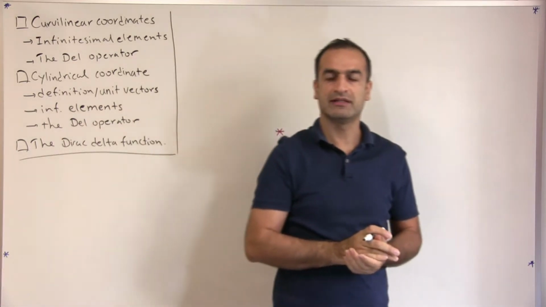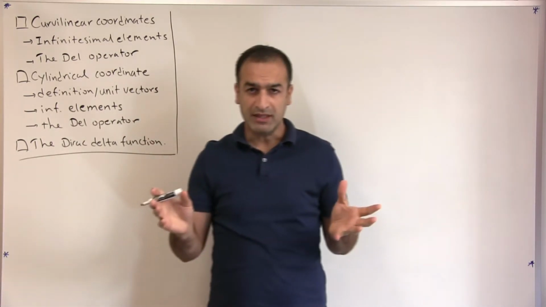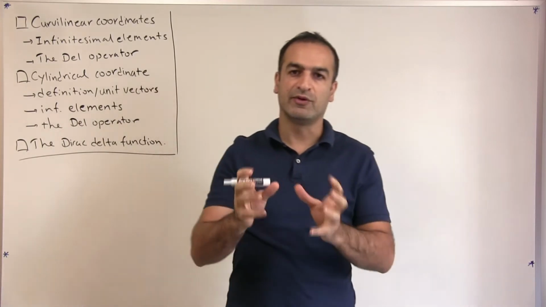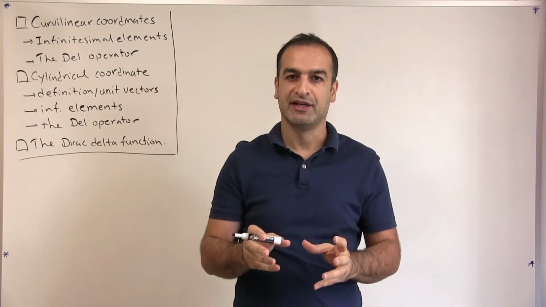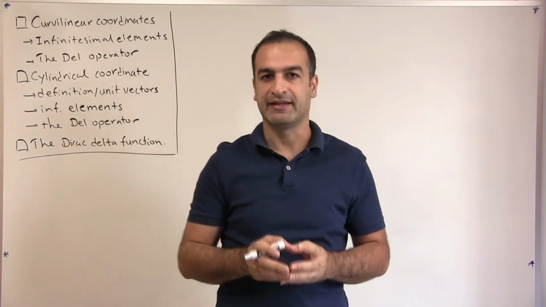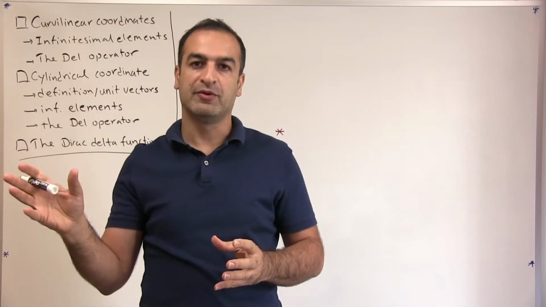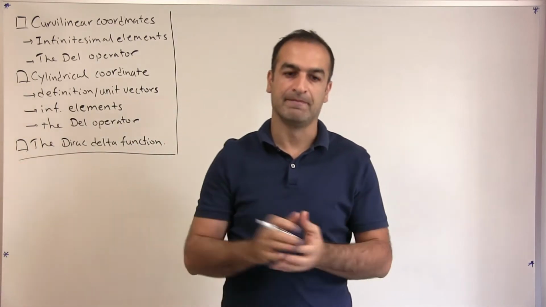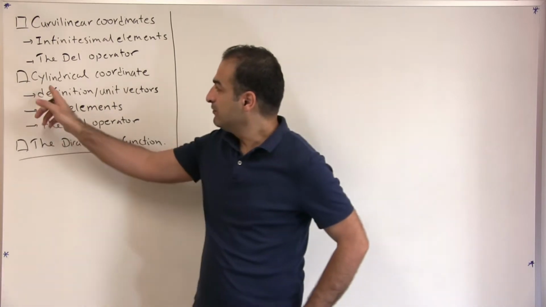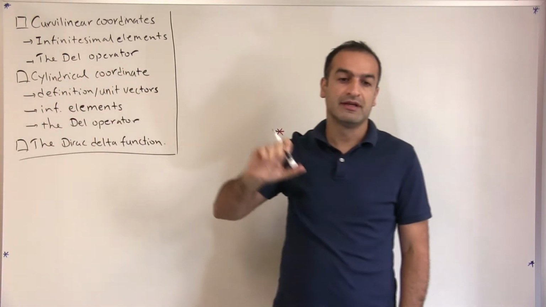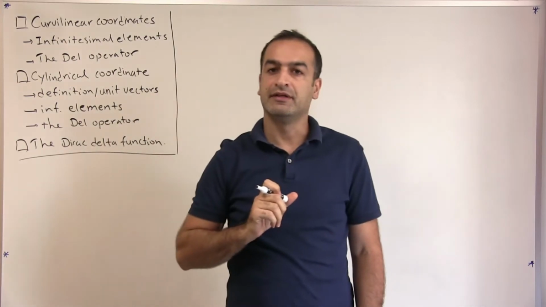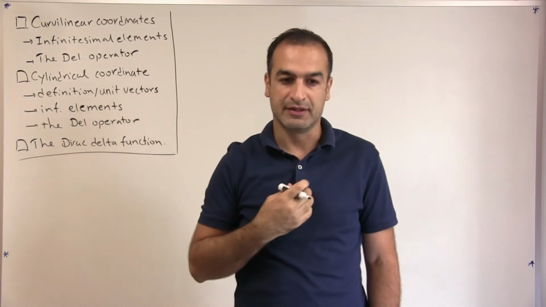Okay, I'm going to do one simple example, but that's already going to tell you how much things can get simplified if we use a spherical coordinate for the right problem. And then I'm going to move on and define a different curvilinear coordinate, which is the cylindrical coordinate.